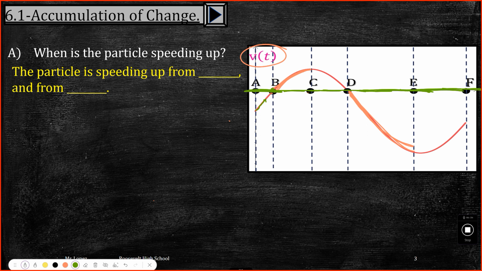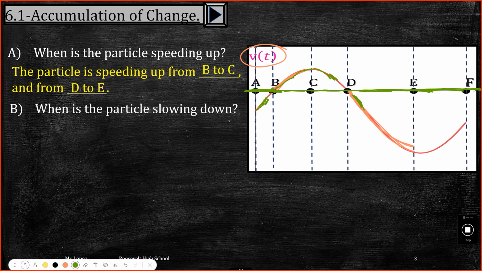So what was that? When we approach the x-axis, we're slowing down; going away, we're accelerating. But now, when is the particle slowing down?